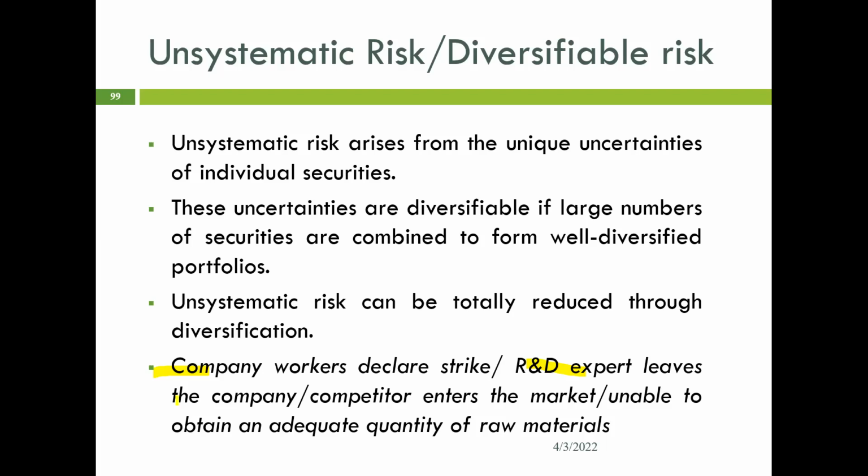Attractiveness will decline, so ultimately in the market, their prices will go down. When that happens, you can go to another stock. So you can diversify this risk with another company. Likewise, you can eliminate or diversify this kind of firm specific risk.